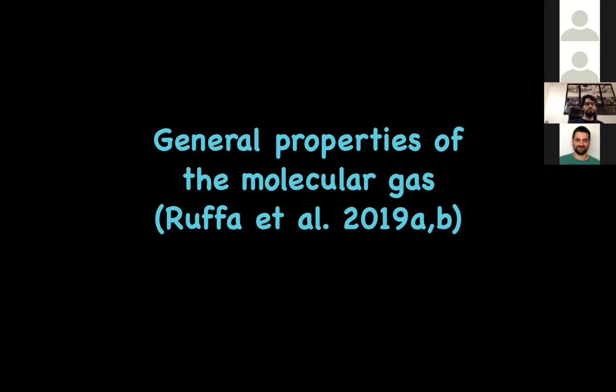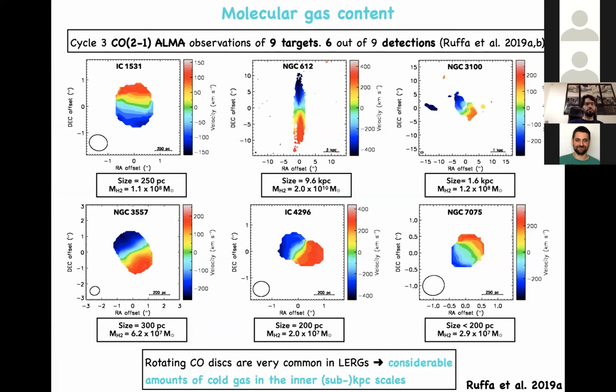So let me start presenting the general properties of the molecular gas. Nine of the 11 sample members have been observed during cycle 3 in CO(2-1) with ALMA. Six out of nine objects have been detected in CO(2-1), and here I show the mean velocity maps, or moment 1 maps, of the six CO detections.